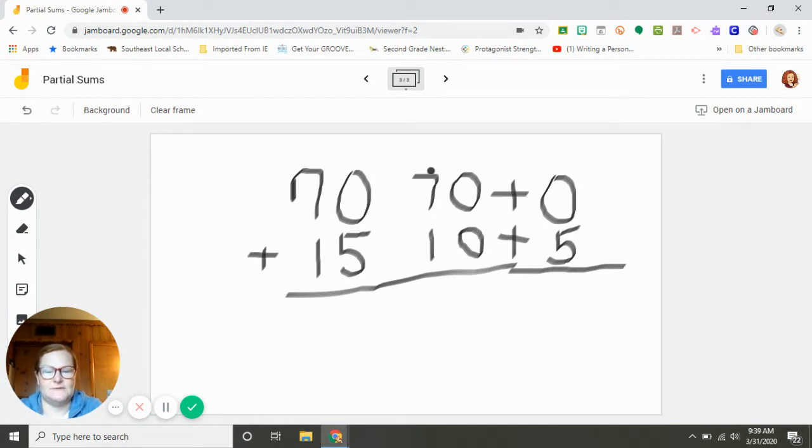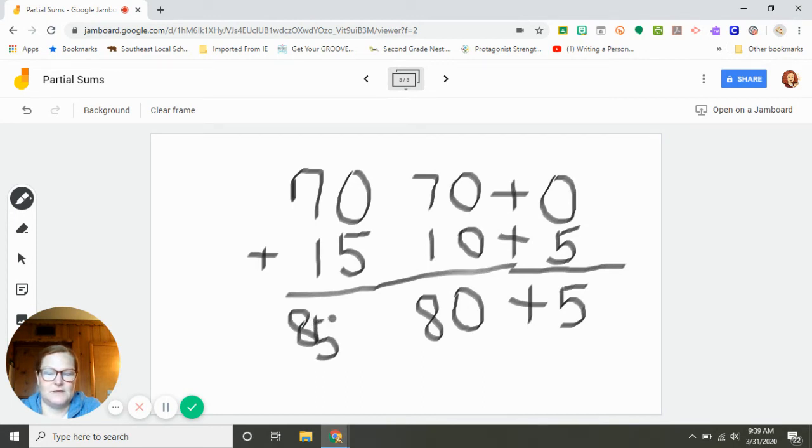Right there again, we can do it. 70 plus 10, 80. And then how many ones do we have? 5. Just like when we expanded the number, what would our answer be then? 80 plus 5, 85. So that's our expanded form and partial sums for that continuation.